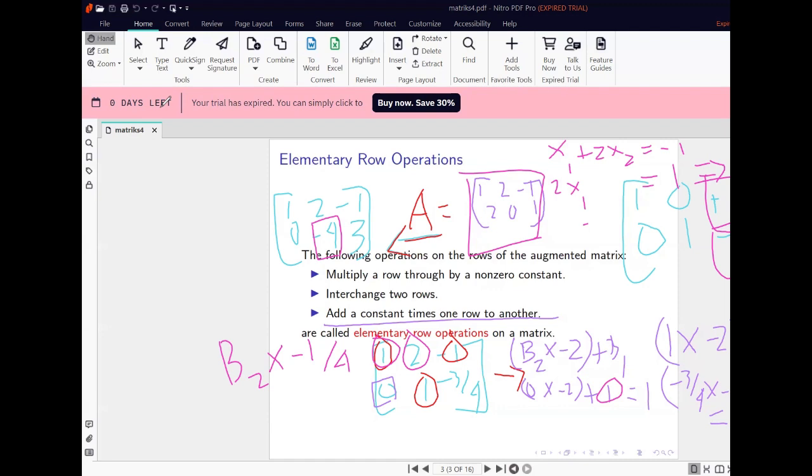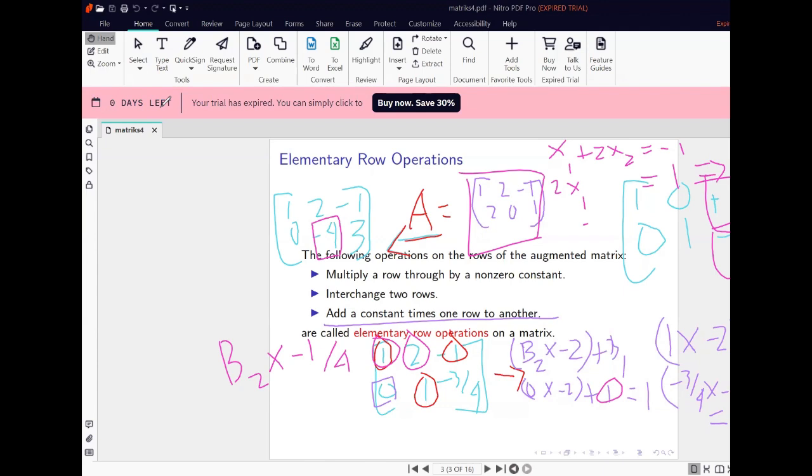But for the next question, it's not this simple. It becomes more complex. If you use the substitution method, it could give you a lot of calculation mistakes, instead of elementary row operations.